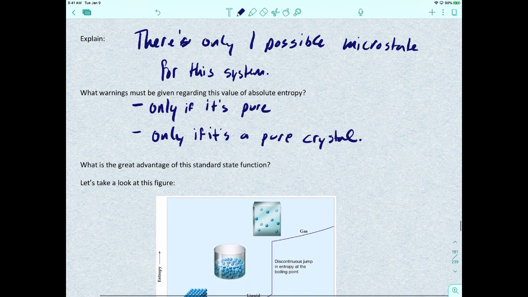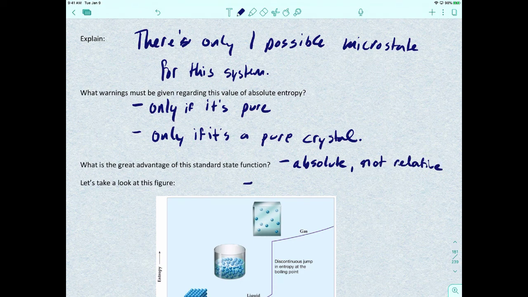Now, what is the great advantage of this standard state function? There's actually two. It's absolute, so not relative. And what that means is that we can determine the change in entropy at all temperatures.